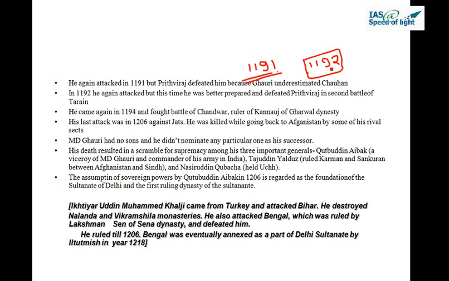These are really the turning points in the history of India. So, discussing 1192, we have seen Prithviraj Singh Chauhan defeated Ghori in 1191, but in 1192 they again came face to face in the second battle of Tarain. Now let us see what will happen.